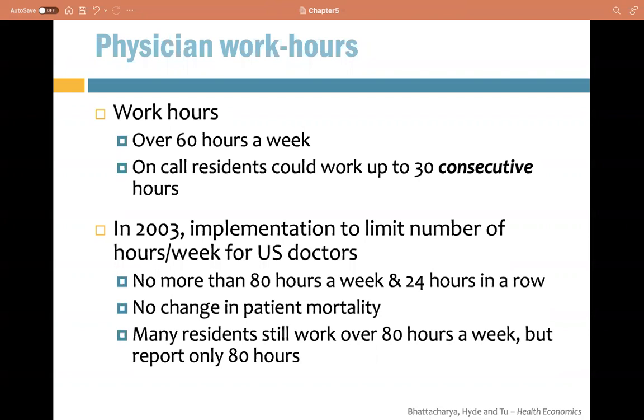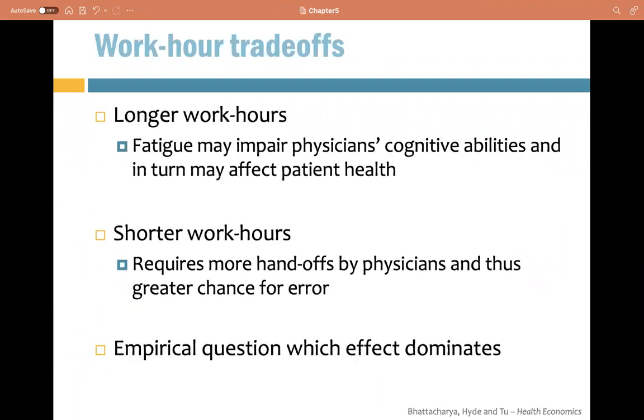They found that before and after this policy, there isn't a significant change in patient mortality. Why is that? Some people think that it may not be effective. This policy may be there, but some residents still work over 80 hours a week and just report 80 hours.